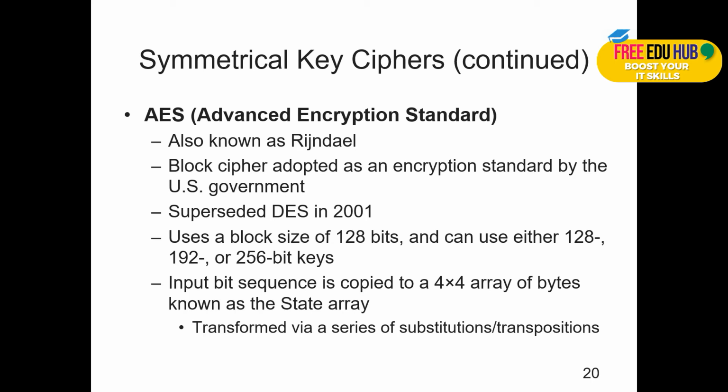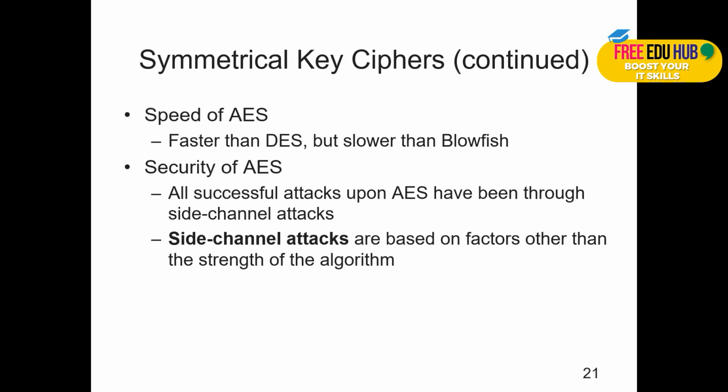It's a block cipher adopted for encryption by the US government, superseding DES in 2001, and uses a block size of 128 bits. The input bit sequence is copied to a 4x4 array known as the state array, transformed via a series of substitutions and transpositions.